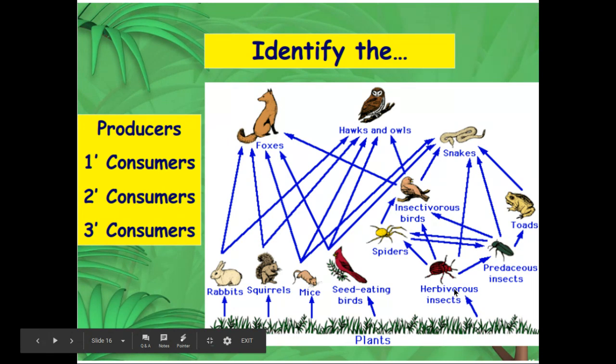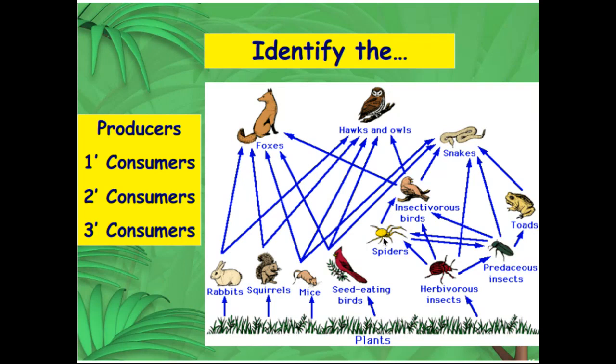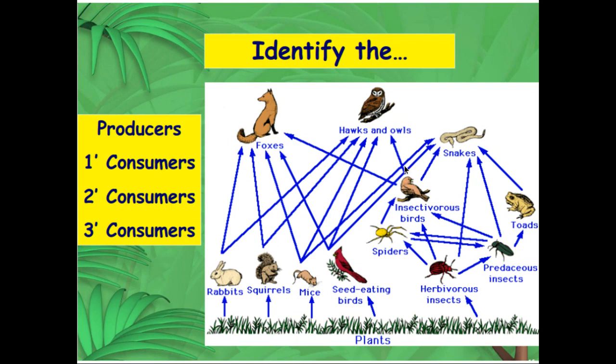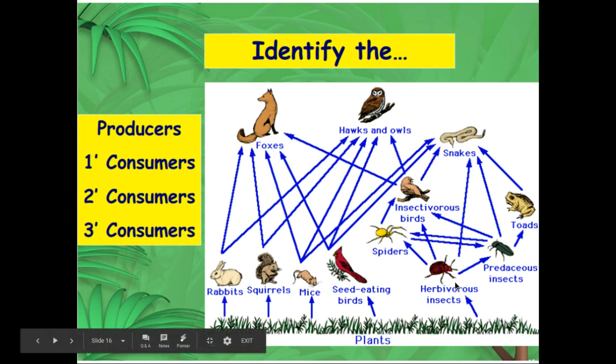Any of the herbivores, remember, are primary consumers. Secondary consumers: the spider that eats the insect right here would be a secondary. Another secondary would be the hawk that eats the squirrel that eats the grass. And then a tertiary: the hawk can also play a tertiary role because it eats the insectivorous birds that eat the spider that eats the herbivorous insects too.